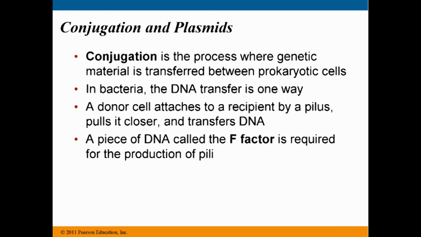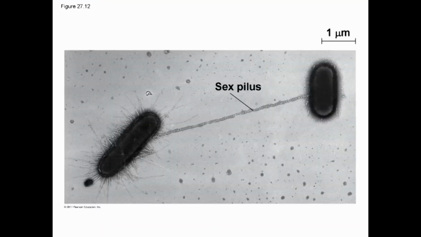Conjugation, right here, this is when genetic material is transferred between prokaryotic cells, and this is done by sex pilus. Okay, so there's a piece of DNA that's called the F factor that's required for the production of pili. Okay, so you have to have that F factor present.